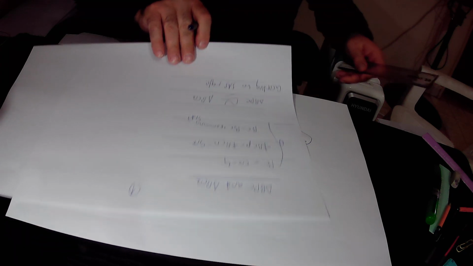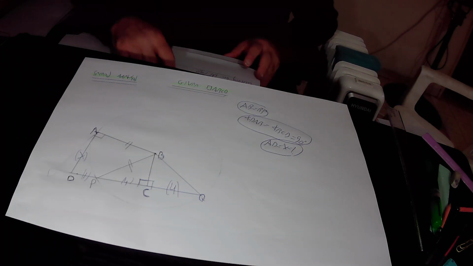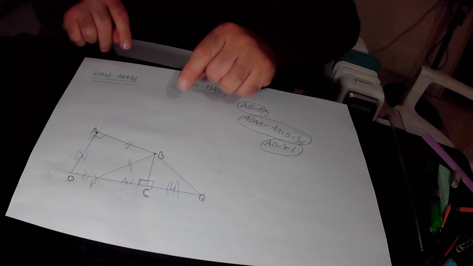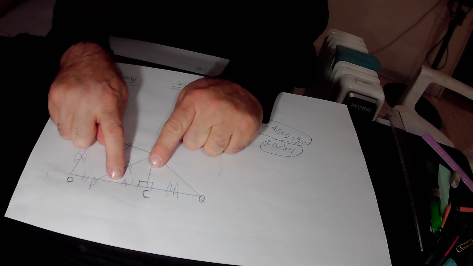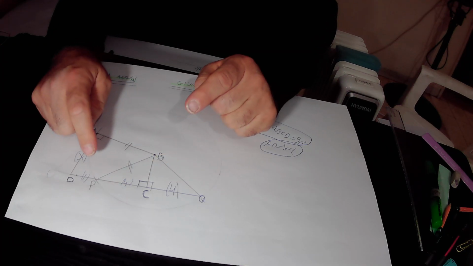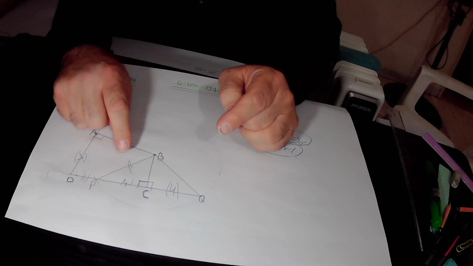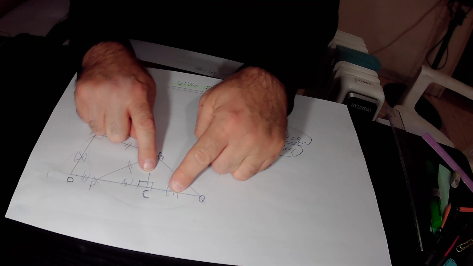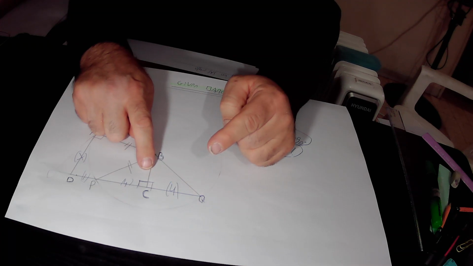That is to say, those two sides and the angle included between those two sides in right triangle BPC are correspondingly equal to those two sides and the included angle in right triangle BCQ.